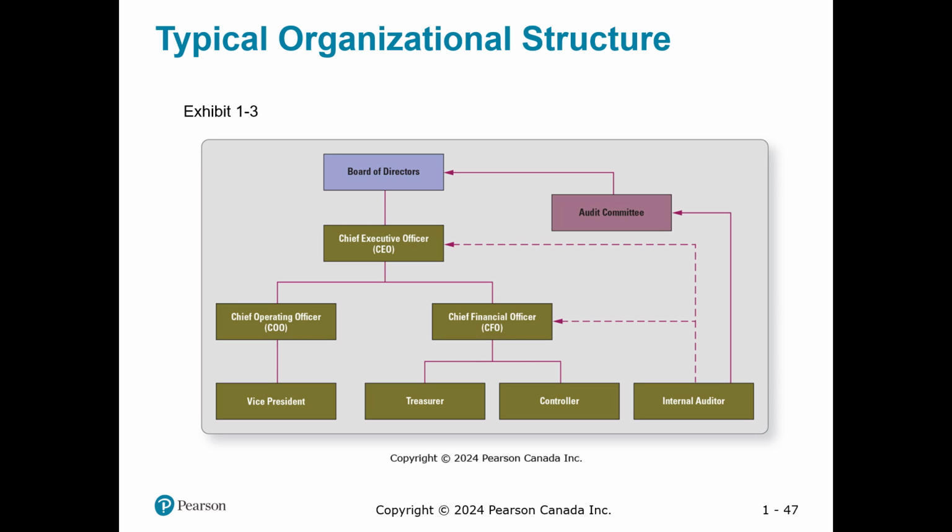So under the COO is the vice president, under the CFO is the treasurer and the controller. The internal auditors report directly to the audit committee. The external auditors are going to report to the audit committee. So this is an example. It's not always this way, but it definitely is a good example of how a company can be structured.